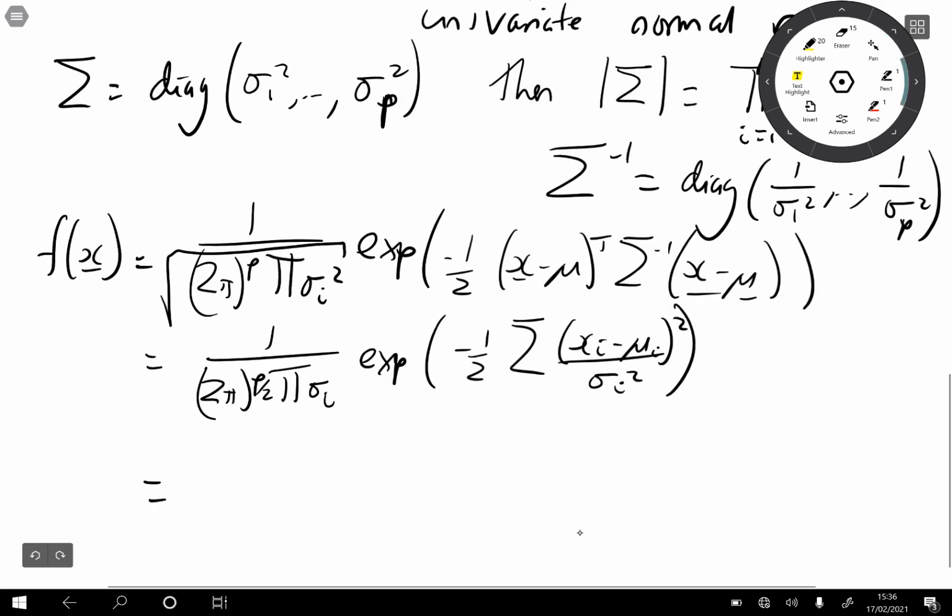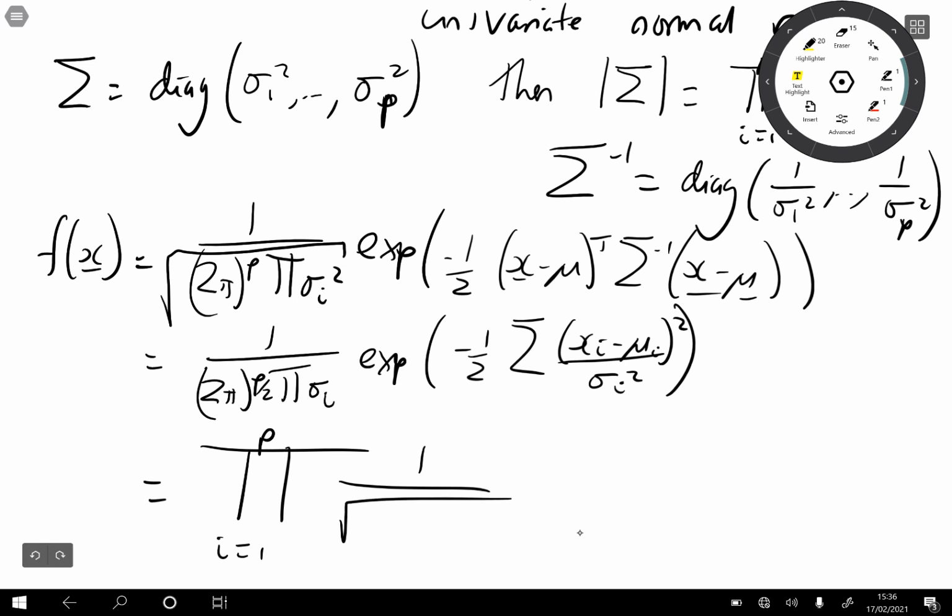And this is just the product from I equals 1 up to p of 1 over the square root of 2 pi sigma I squared e to the minus a half xi minus mu I squared over sigma I squared.